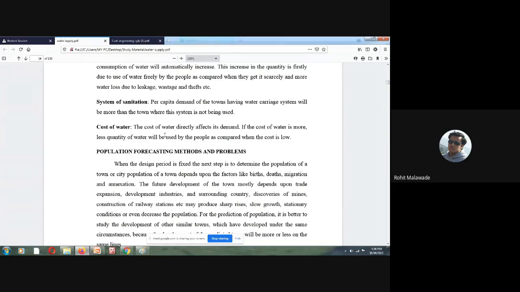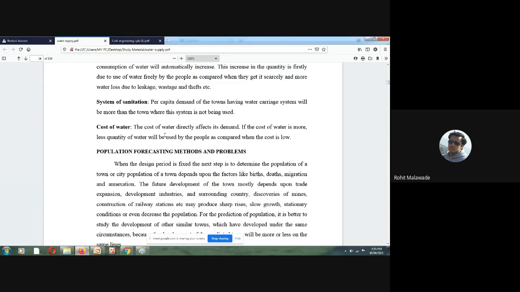Then a system of supply. There is one more factor which is going to affect the system of supply. We are going to have two types of water supply system. One is intermittent and one is continuous. What do you mean by intermittent water supply? Time gap, intervals. Yes. If you are getting water once in 4 days, and that too for around 2 or 3 hours a day, that kind of system of water supply we call the intermittent water supply.